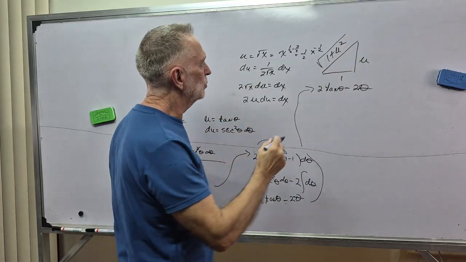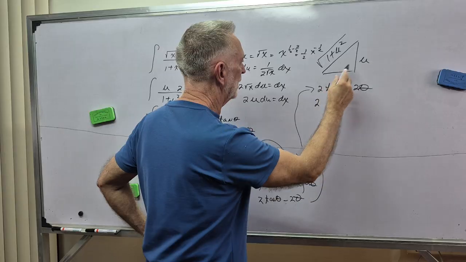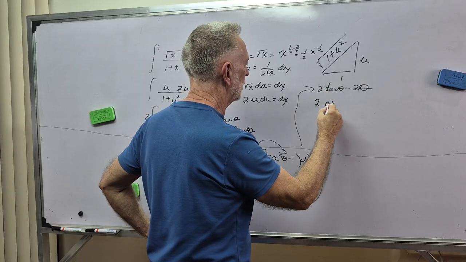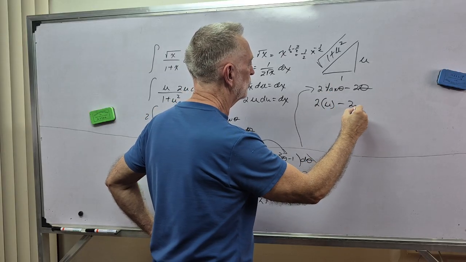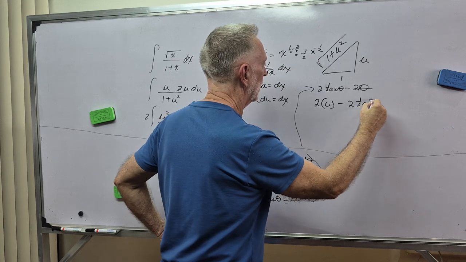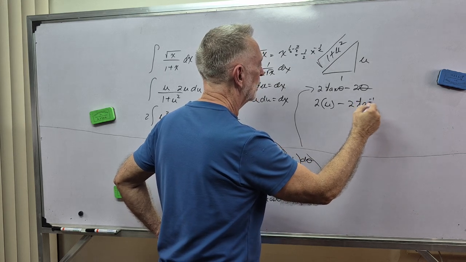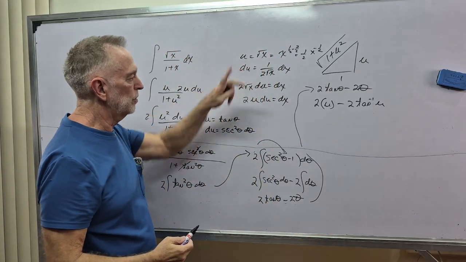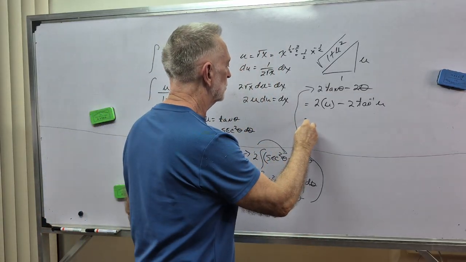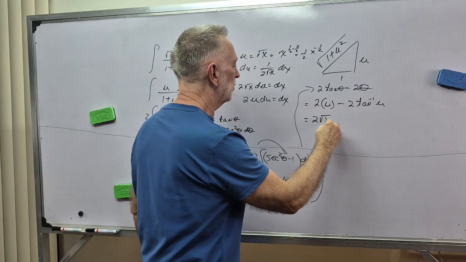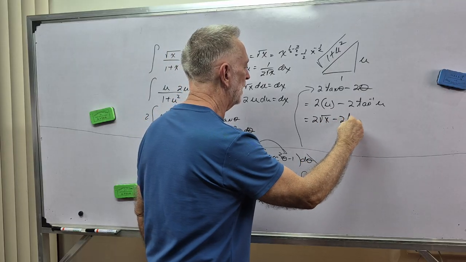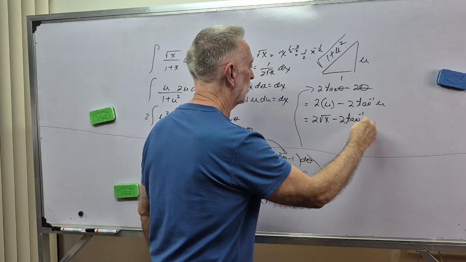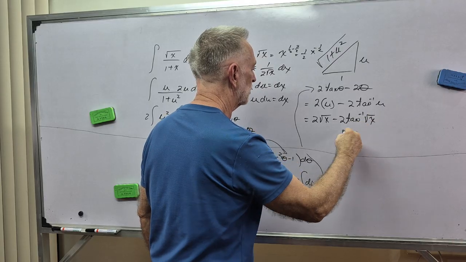Okay, so 2 times tangent, which would be u over 1, minus 2 tangent inverse of u. Well, what was u? Square root x. So this equals 2 square root x minus 2 tangent inverse of the square root of x plus c.